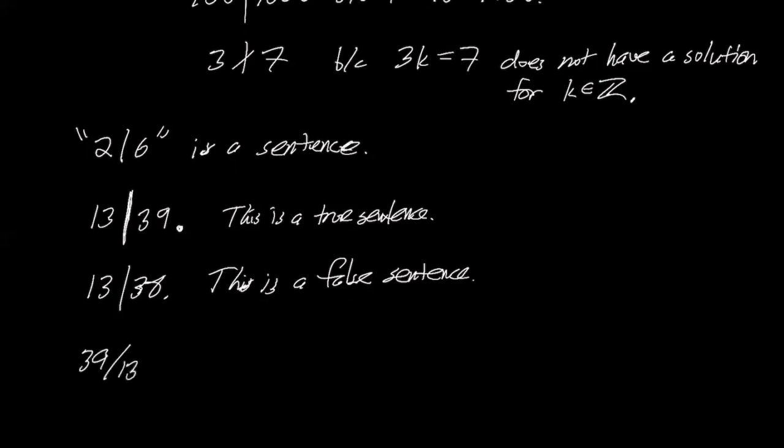This is a noun, right? 39 over 13 is just an expression. It's not a sentence. You could say it's a number that equals 3, and you'd be right. As a noun, you could set it equal to 3, and so you could say 39 over 13 equals 3. That would be a sentence. But this is a noun.